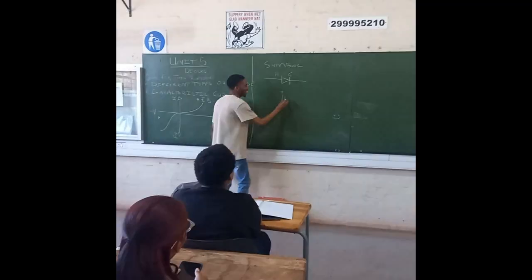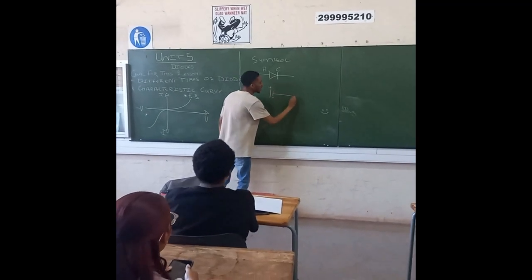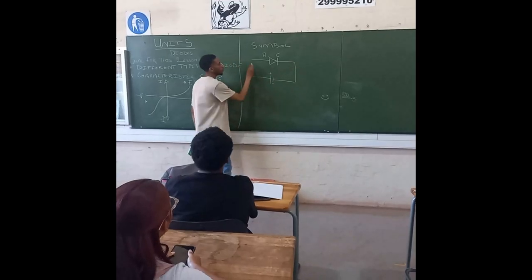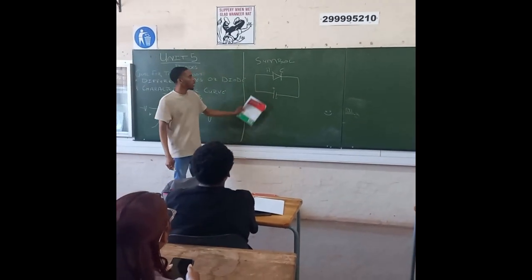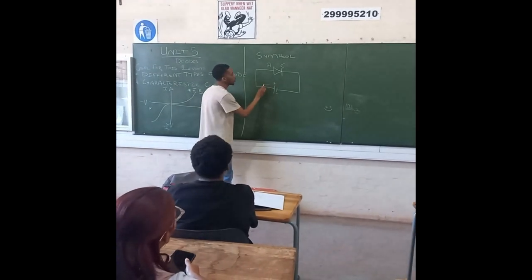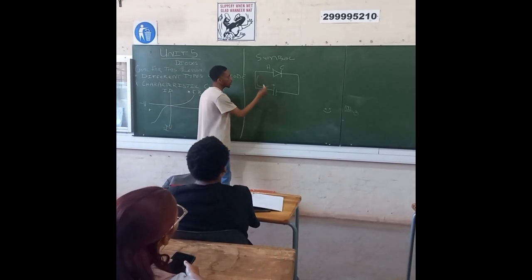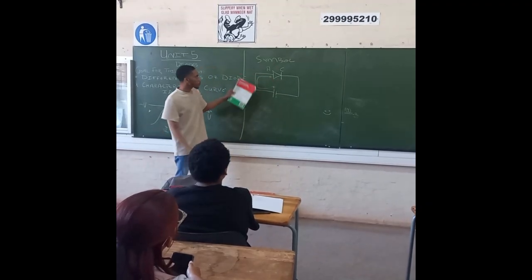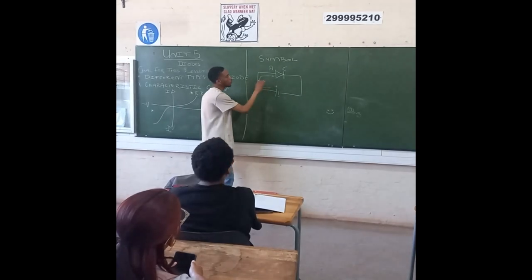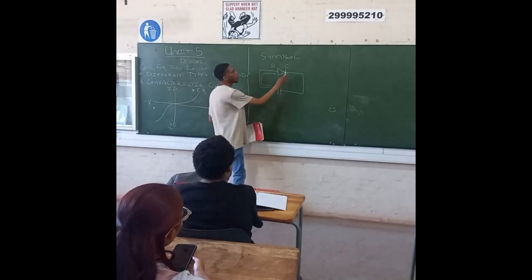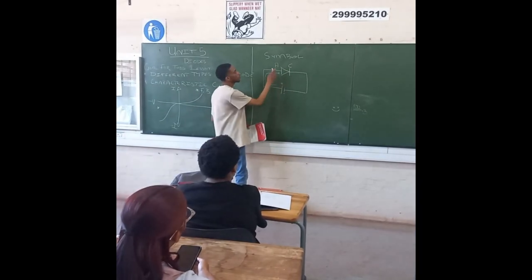If you connect your negative to the cathode and positive to the anode, then current flows from negative to positive, like water flowing in that direction. Meaning it will be forward biased. It's going to allow current to flow if it's like this: negative connected to the cathode and positive to the anode.